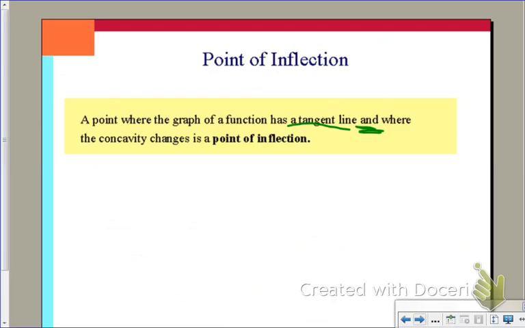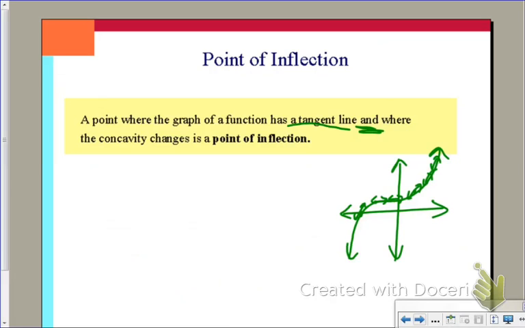Could I put a tangent line? If it's just a nice parabola, or a nice function, can I draw tangent lines at the points where it changes? Just think about where I can draw tangent lines. This one you can draw them as many places as you want. On this one, this would be concave down and then concave up, and of course, it's continuous there.